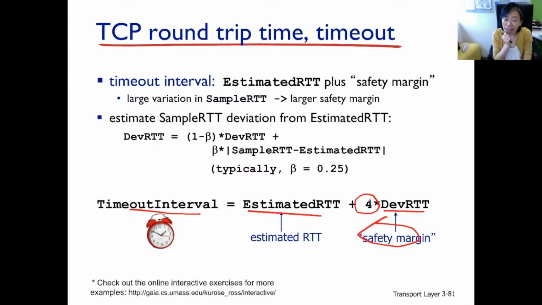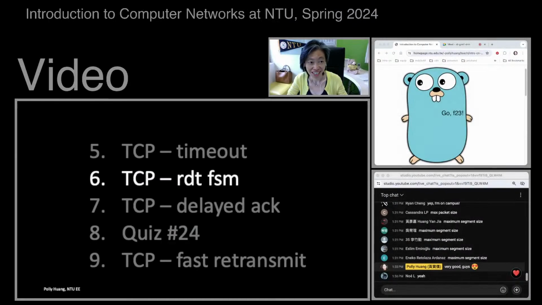So by adding 4 standard deviations here, the timeout interval is covering more than 99.99 percent of these sample RTTs. That also says, setting the timeout interval this way, there are going to be very few premature timeouts in TCP. There, the timeout interval of TCP: the average plus 4 times the standard deviation.